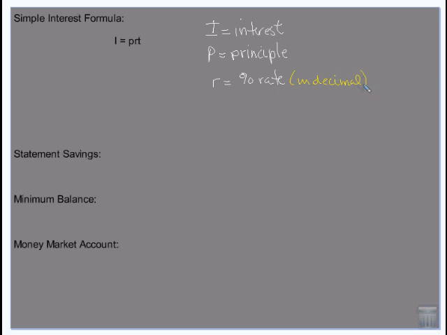We can't multiply percents without converting them into a decimal first. And then T is time in years. So if you don't have a year, let's say you have 6 months, you have to convert that to half a year first. So it's time in years.